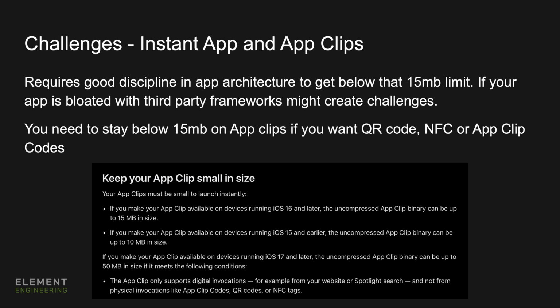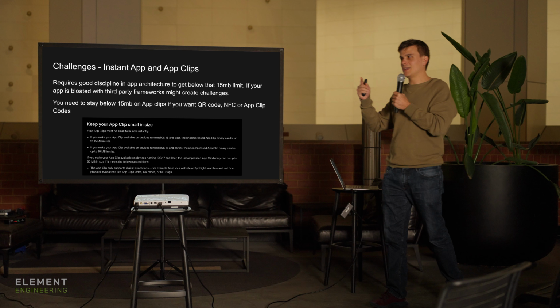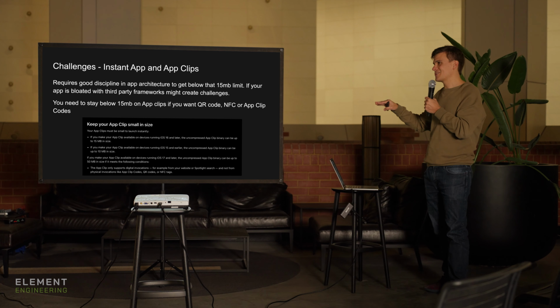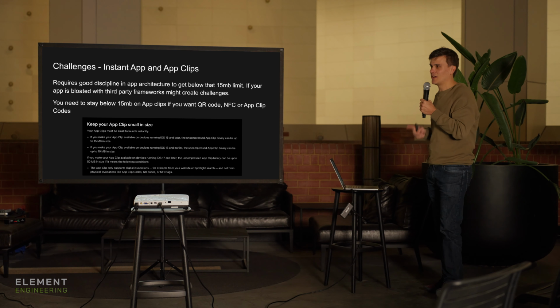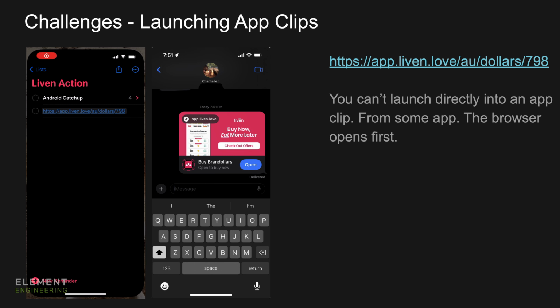No. If you want these features of the QR code that I just showed, you can't be 50 meg. You've got to be 15, even if you support iOS 17 or later. It doesn't exactly say that in the documentation. Guess who learnt the hard way? Yeah, this is one of the challenges.